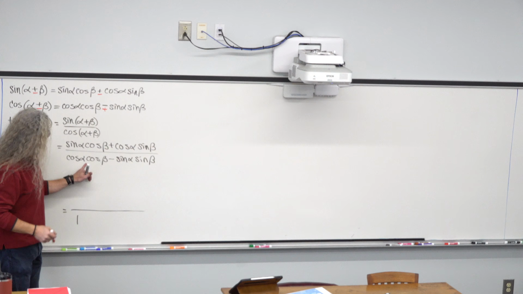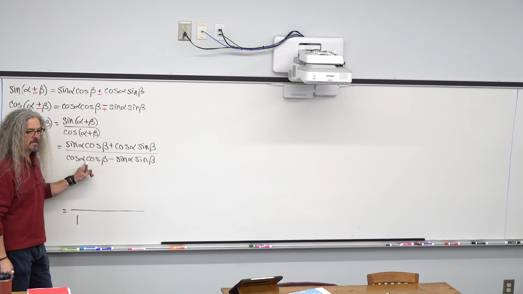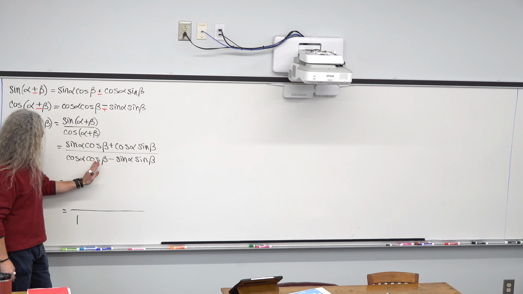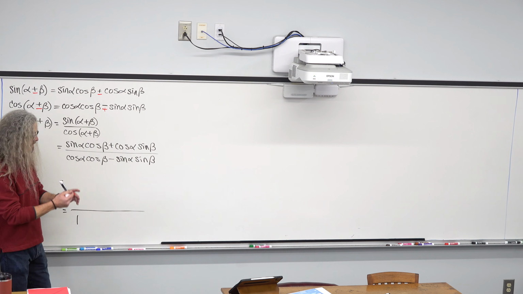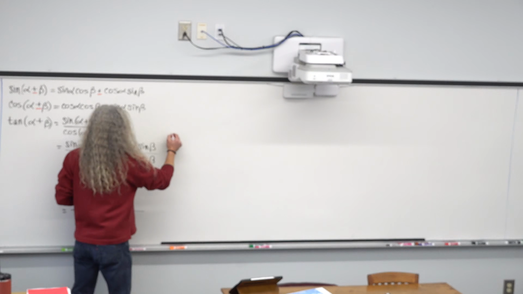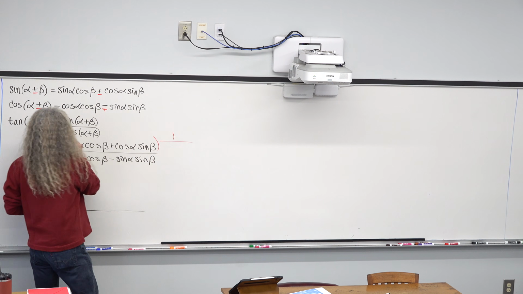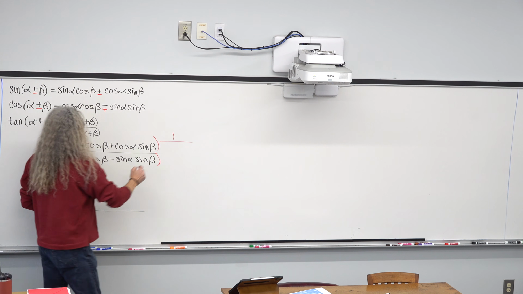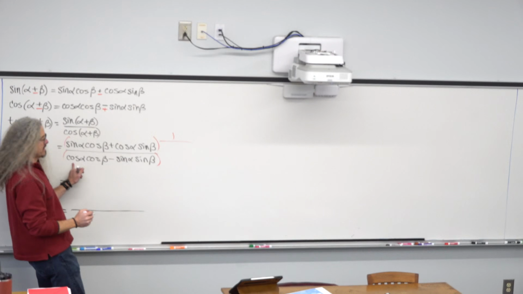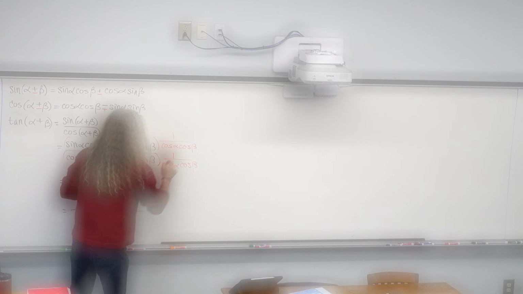So knowing that this first term in the denominator needs to be 1, knowing that cosine alpha, cosine beta needs to be divided by cosine alpha, cosine beta to create that first term of 1, you can multiply the numerator and denominator by 1 over cosine alpha, cosine beta.